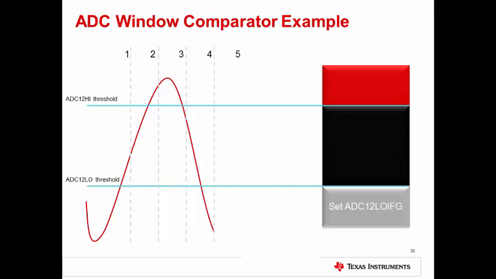The fourth sample is below the low threshold, so it sets the ADC12 low flag. Finally, the fifth sample is still below the low threshold, so the ADC12 low flag is set again. Note that the flag doesn't set exactly when voltage passes the thresholds, but when the ADC converts the data.